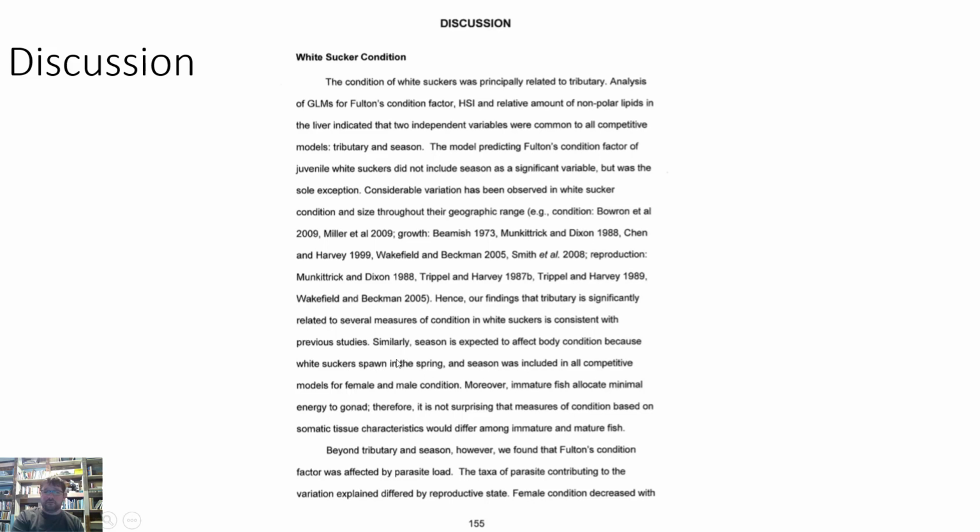Now you need to discuss that. Even though my study might have found this, and their study found that, it was a different species of fish. Or maybe you're looking at plants, and it was a different species of plant, or something along those lines. So that's the discussion.